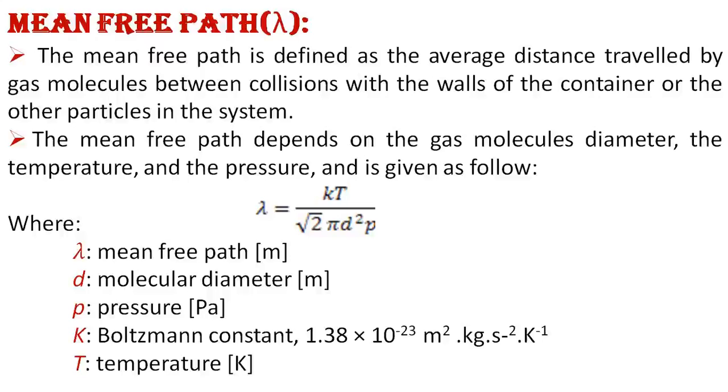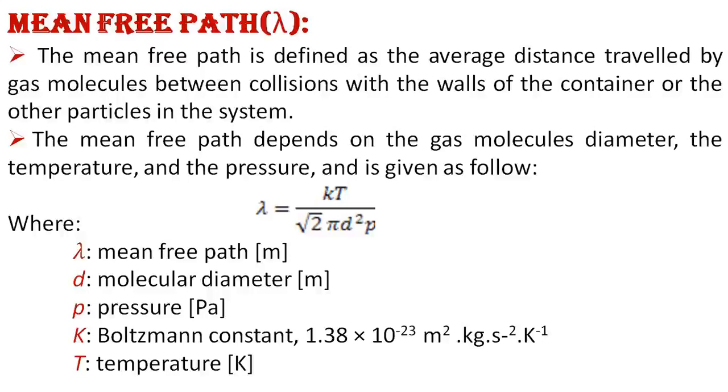Here lambda is the mean free path, in meters. D is the molecular diameter of the gas molecule, in meters. P is the pressure, in Pascal.